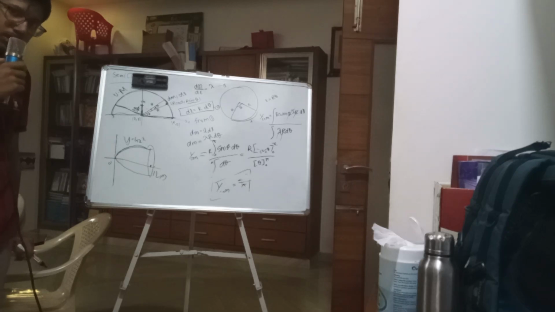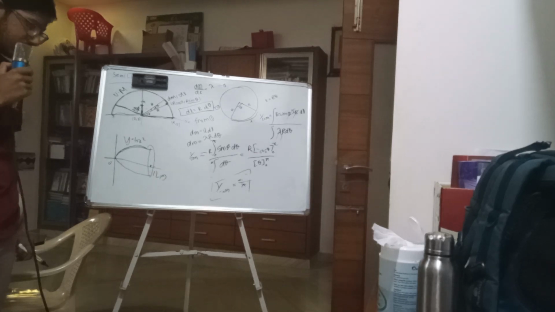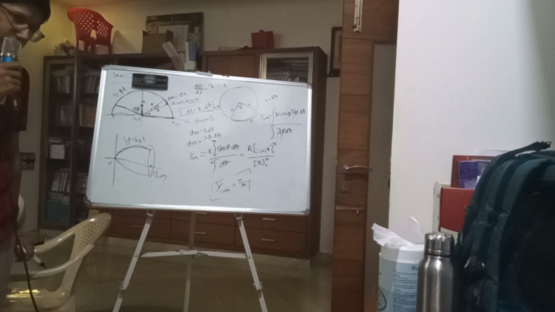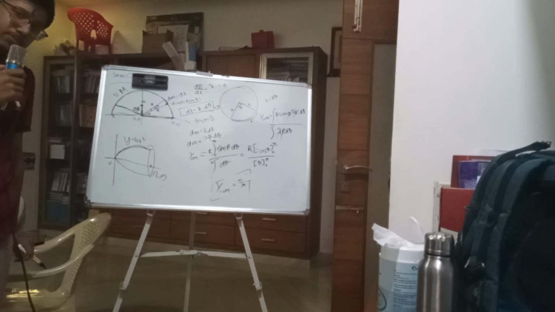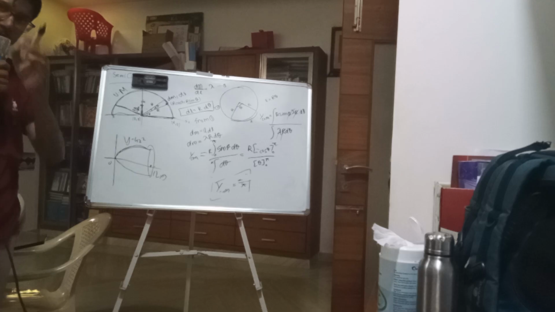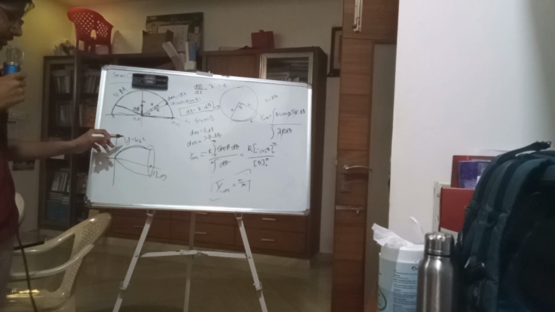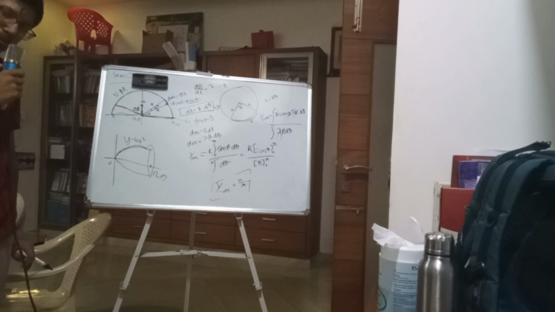Can you use a formula? Is there any formula for this? You can memorize this kind of formula, but do you think the same shape is going to repeat in your exam? There are countless shapes. I can give y is equal to 5x square, and your answer is going to be wrong. If I give y is equal to 4x cube, your answer is going to be wrong. So don't memorize the formula.